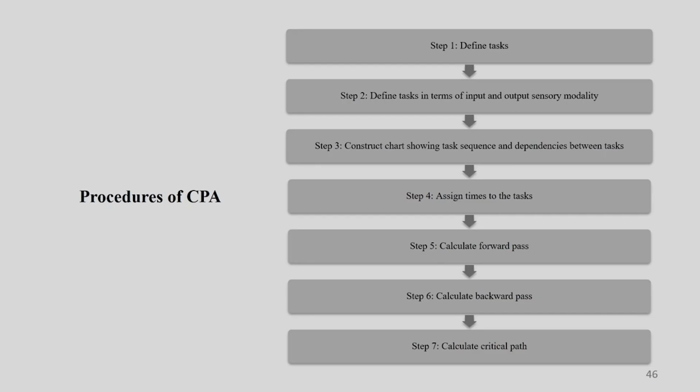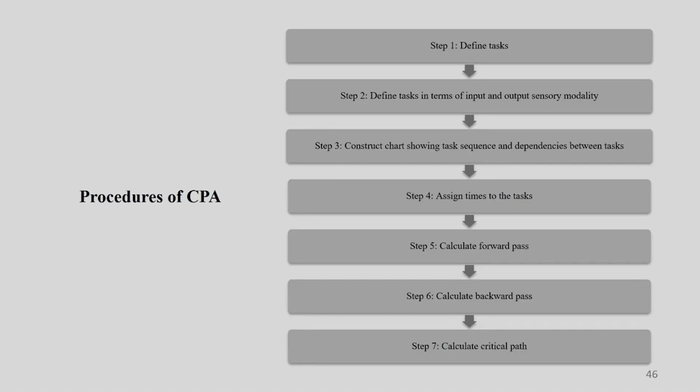So let us again recall the whole process. First we define the task, with the specific input and specific output. Then we construct the chart in a particular sequence which shows the dependency of different tasks in a whole job.